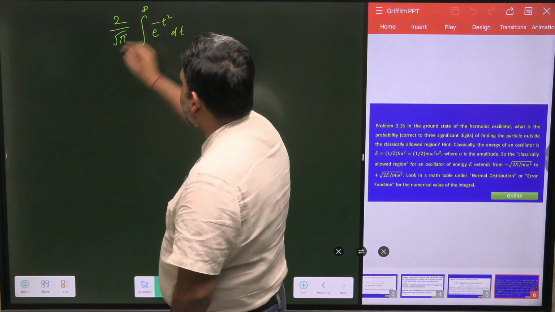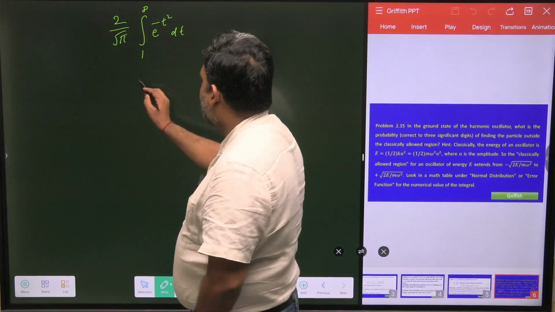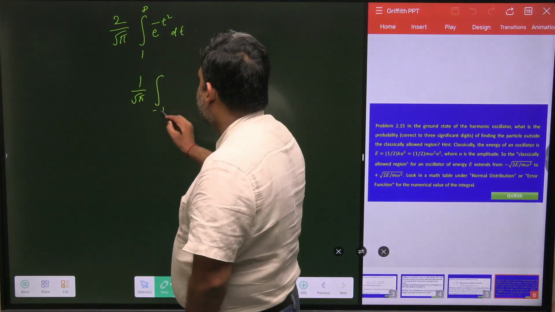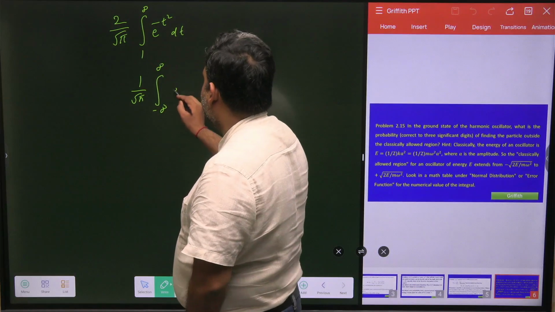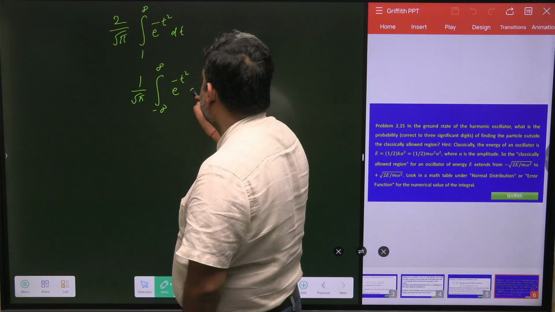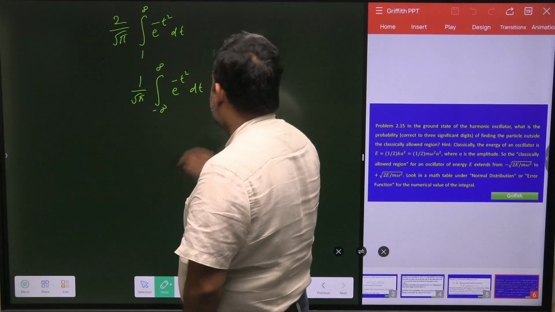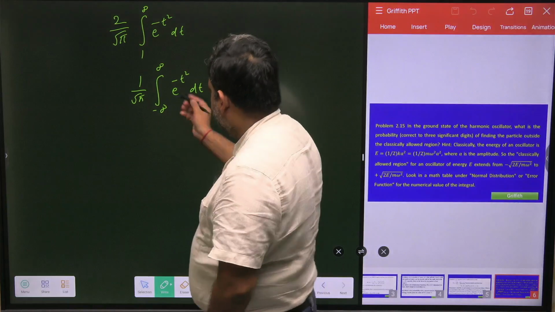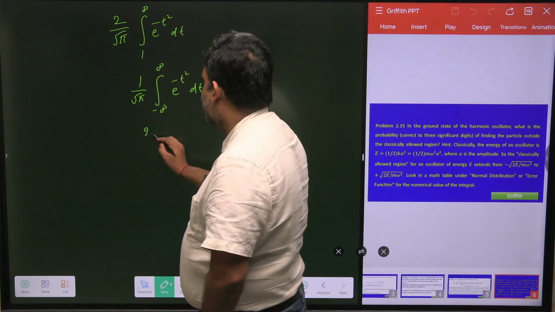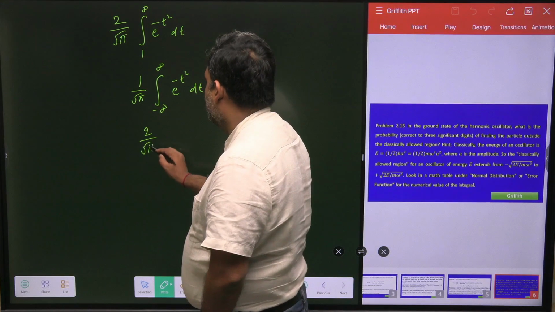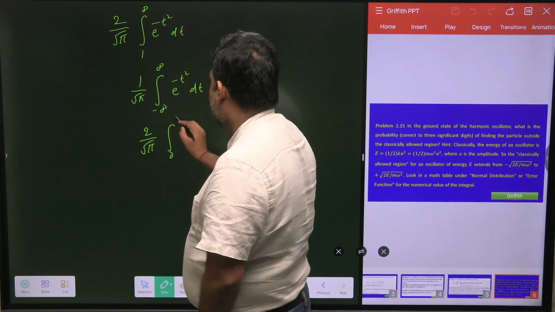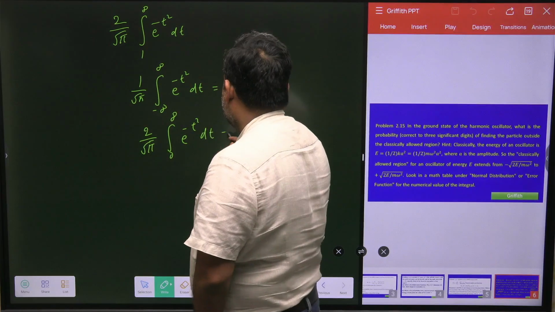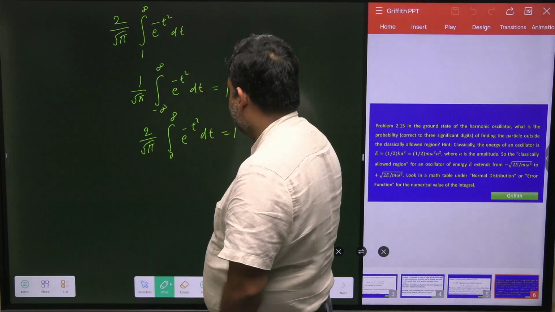And we all know that 1 upon root pi times the integral from minus infinity to plus infinity of e to the power minus t square dt must be equal to 1. And this is an even function, so we can write 2 upon root pi times the integral from 0 to infinity of e to the power minus t square dt, and that value is equal to 1.